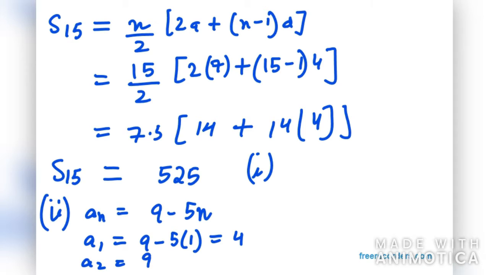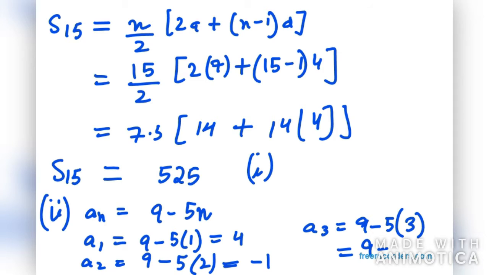A2 will be 9 minus 5 in bracket 2, so minus 1. A3 in this case will be 9 minus 5 in bracket 3, so 9 minus 15, it will be minus 6.